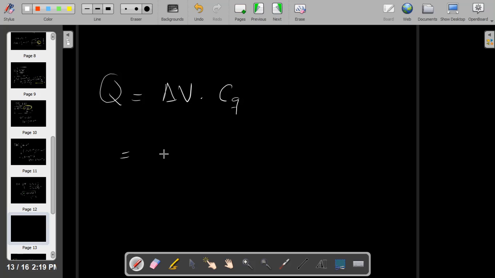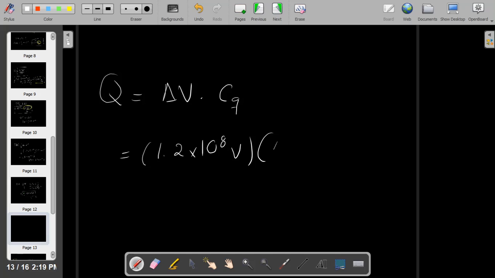We had to change the sign because it was going from the positive to the negative. And that is, in parentheses, 1.2 times 10 to the 8 volts, multiplying the capacitance, and that was given to us.